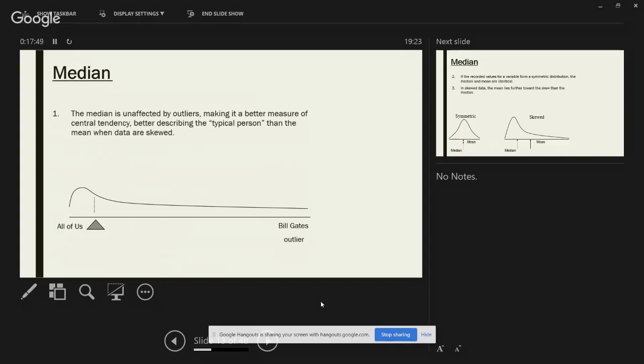If we are doing analysis on 1,000 people, what we are going to do is arrange all the numbers in increasing order. We'll take the 500th number and the 501st number, whatever the salaries of these two people are, and then we divide by 2, and that is going to be our median. So it doesn't really matter what the maximum value or the minimum value is. These outliers are not going to affect our median value.